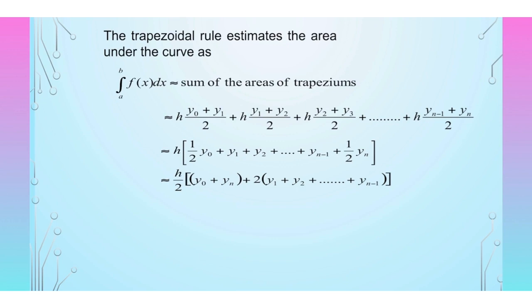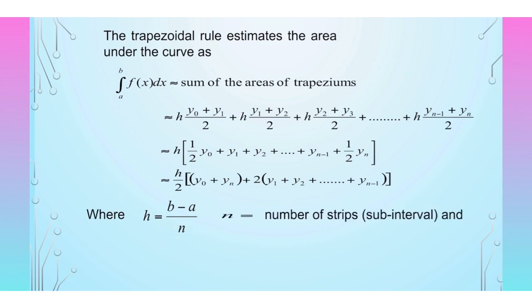So it is like this, where h is the upper value minus the lower value, b minus a, over n. What is n? n is the number of strips or subintervals, and yr is equal to f(xr).